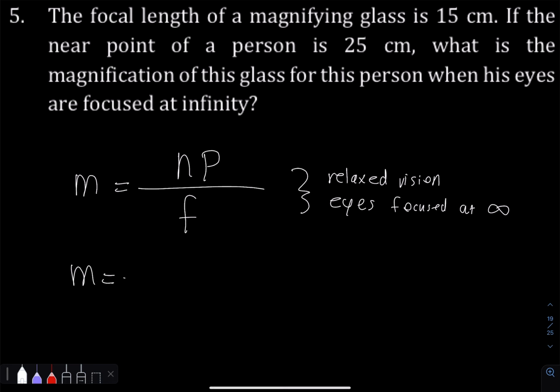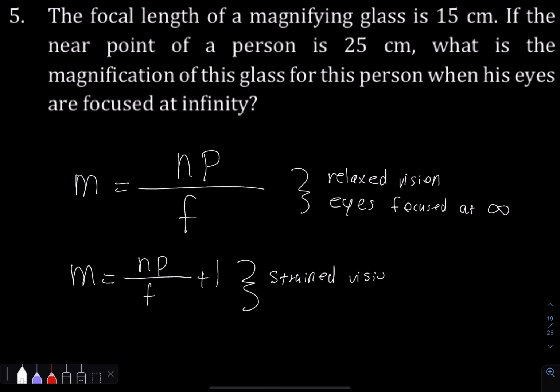If the person is using strained vision, then it's going to be the exact same formula except you add a 1 to the magnification at the end. So this is strained vision. This is if you were to move your finger kind of close to your eye and try to focus on it, as opposed to just looking at it relaxed.